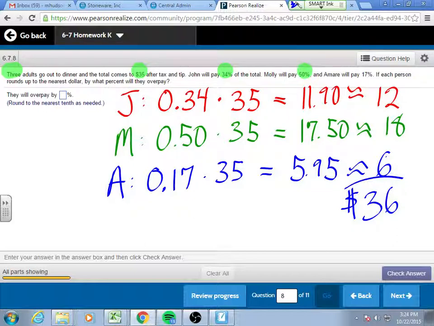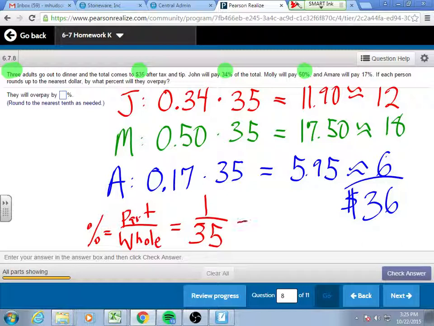So how do I find the percent that they overpaid by? Percent is always part divided by whole. Braden? The amount they overpaid by over the actual. So this is just like percent error. Their overpay, their error, was $1.